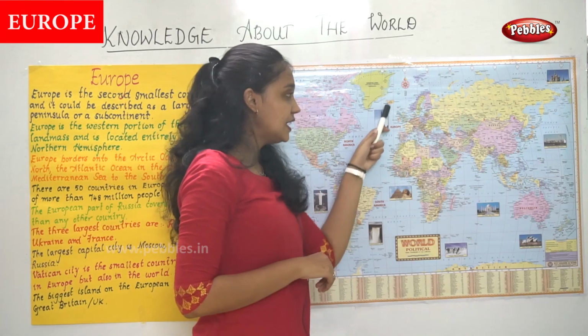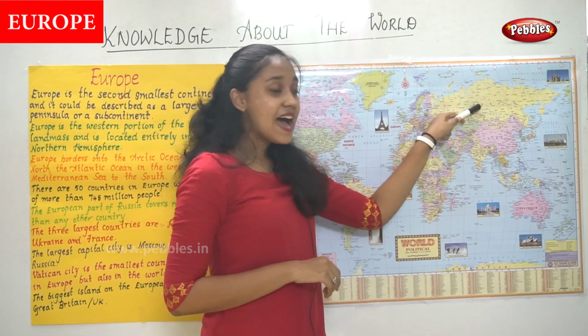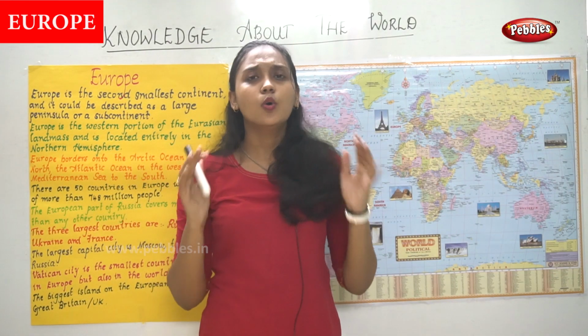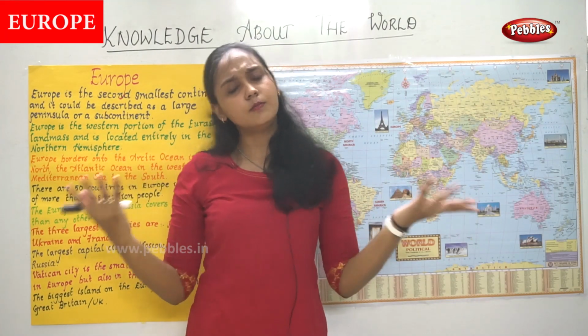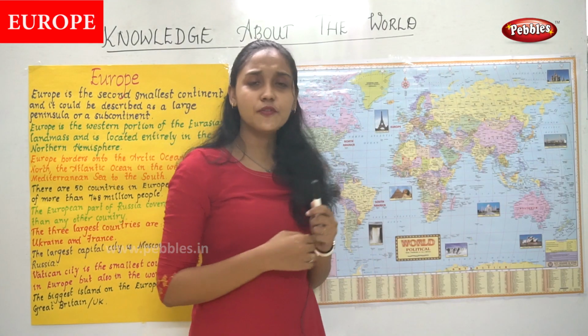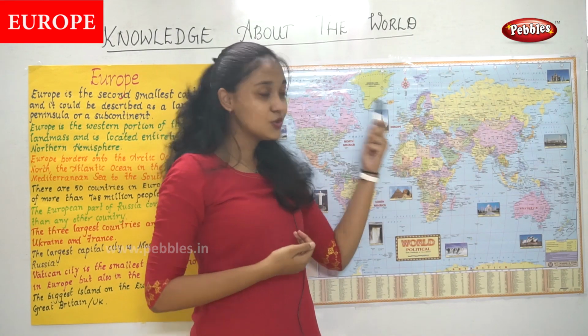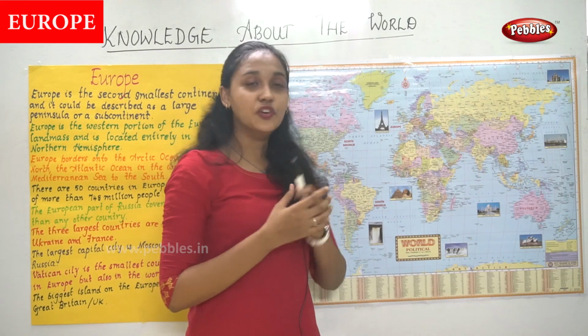See, it encompasses all these countries and a part of Russia as well. So this can be one huge confusion. The country Russia belongs to which continent? The answer is a part of it belongs to Asia and a part belongs to Europe. That is an interesting fact about Russia.